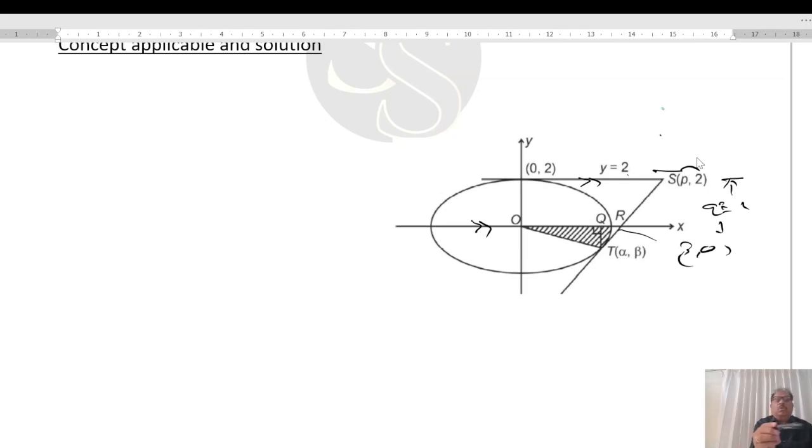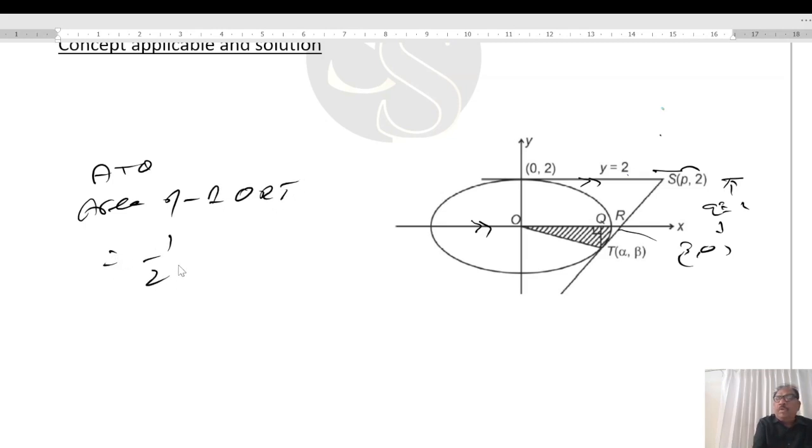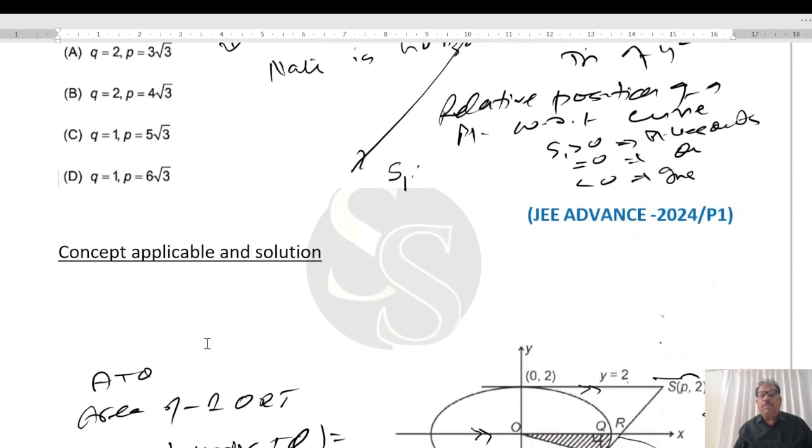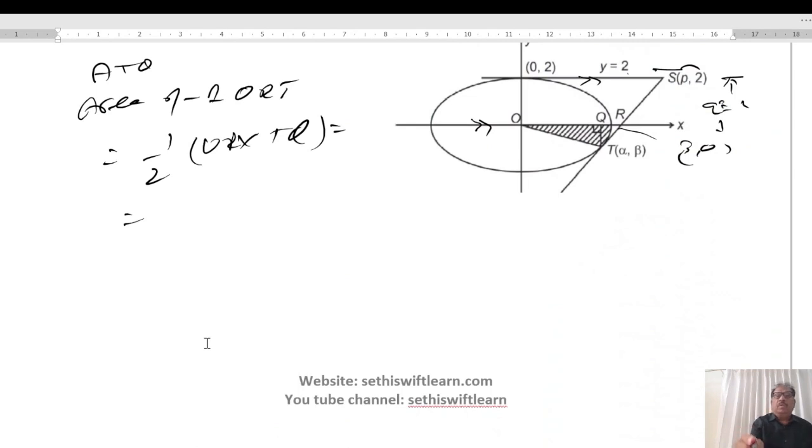Now, according to the question, the area of triangle ORT equals half base OR into height, which is beta, and this is given as 3 by 2.